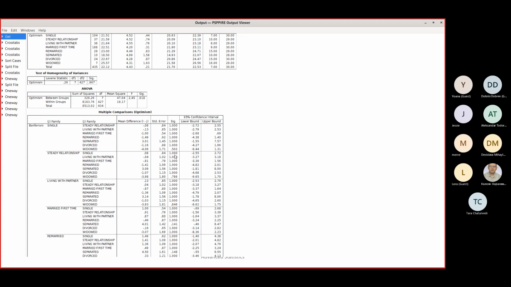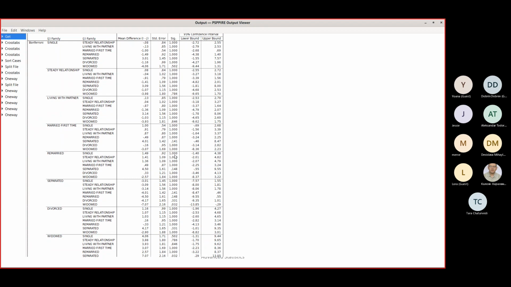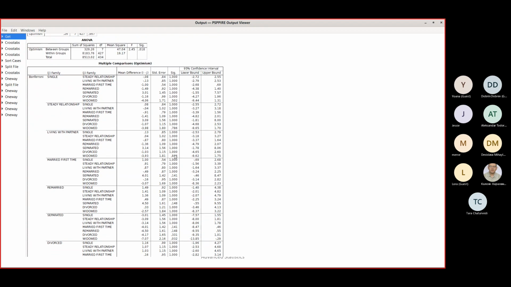And if the significance level is smaller than 5%, then in this particular pair there is a statistically significant difference. So let's see.